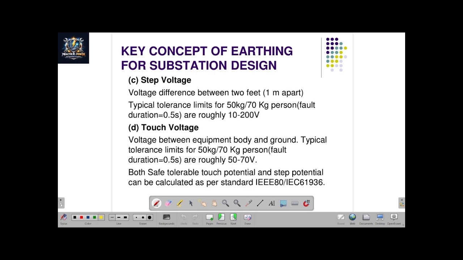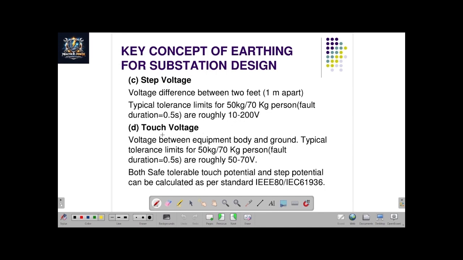Another factor is that step potential and touch potential should be within safe limits. We have taken typical tolerance limits for step potential for a 50 kg to 70 kg person, with fault duration 0.5 second, around 100 to 200 volt.